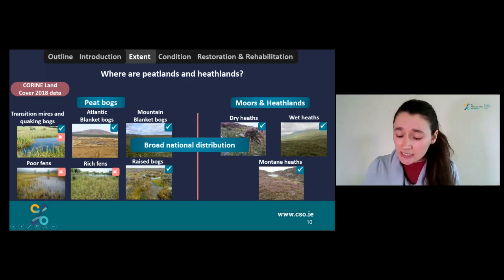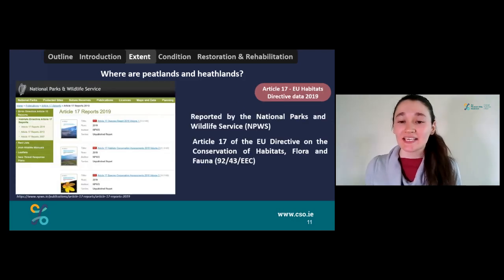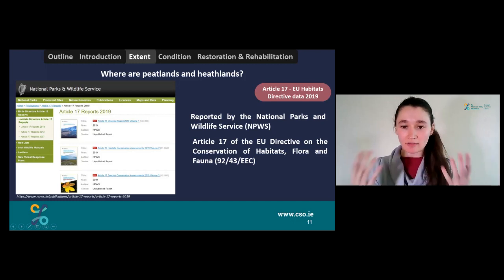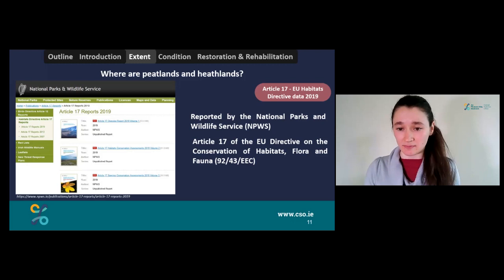heathlands. And this is why we also use what I call Article 17 data. These data are reported by the National Parks and Wildlife Service every 6 years to the European Commission under Article 17 of the EU Habitats Directive for the conservation and the protection of habitats and species.